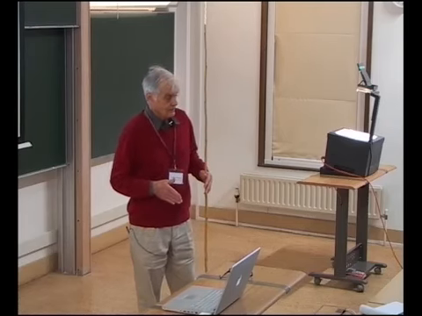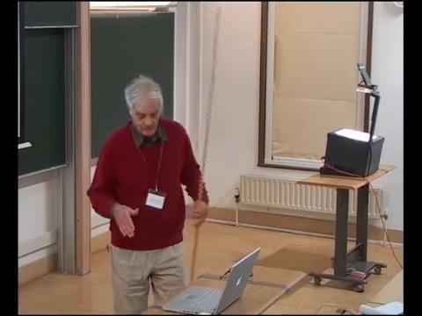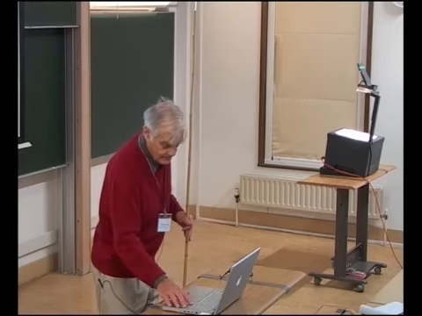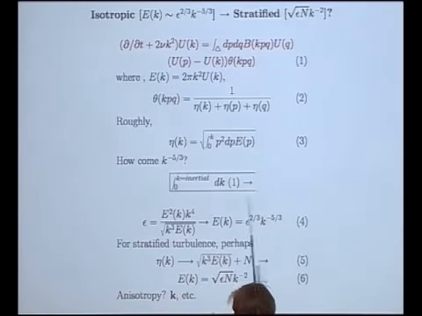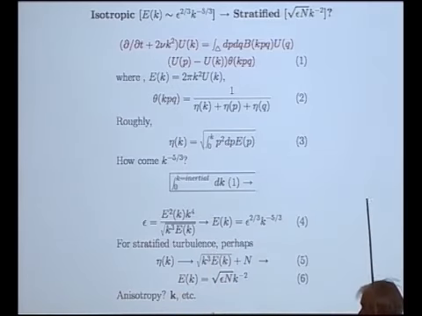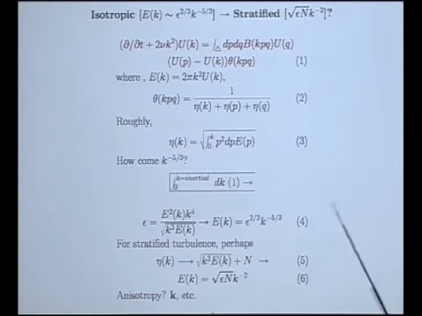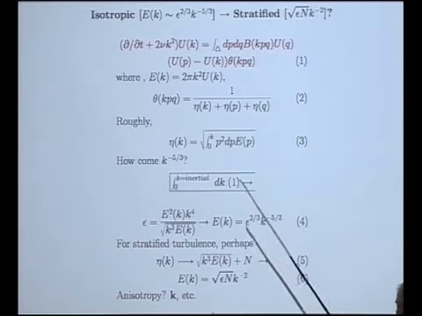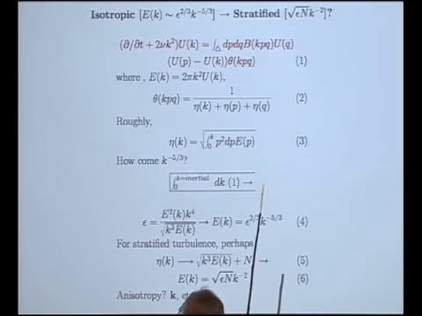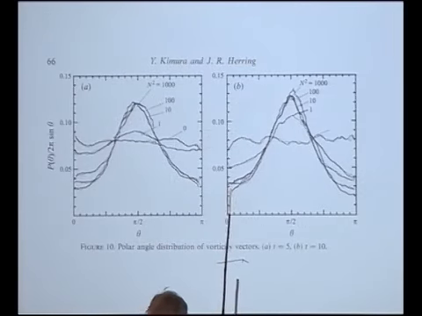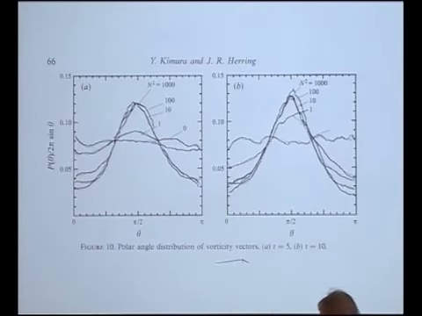And when you do that, you'll find that the k to the minus 5/3 contribution to epsilon, the total decay rate, always exceeds that lower portion of the curve, which is proportional to k to the minus 2. So what Fincham and others observed in the experiments conforms to that, probably T to the minus 1.3 or so is what you would obtain at large Reynolds numbers. And I'm not sure their Reynolds numbers are very large, but in any case, I want to come back to this slide in a few minutes.